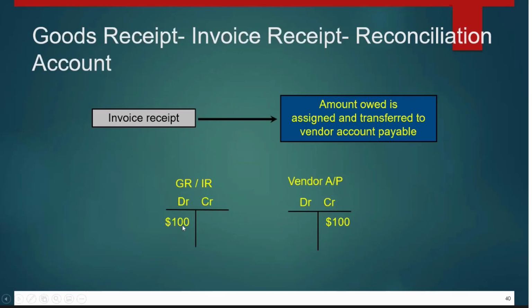I have to pay this $100, and I also put a liability for the vendor. I will update the vendor account with 100. This means I have to pay this vendor 100. I have a debt with the vendor of 100.